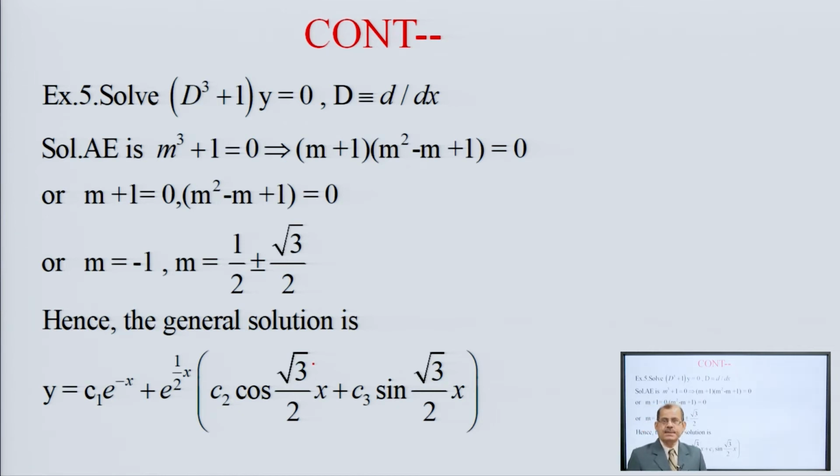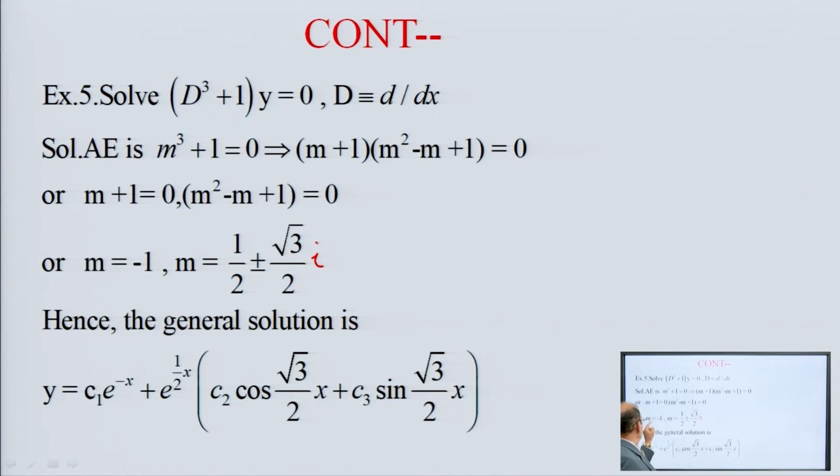We factorize into the linear factors: m plus 1 into m square minus m plus 1 is equal to 0, means m plus 1 is equal to 0 and m square minus m plus 1 is equal to 0, means m is minus 1 and second m is 1 by 2 plus minus root 3 by 2 i, it is in complex form.